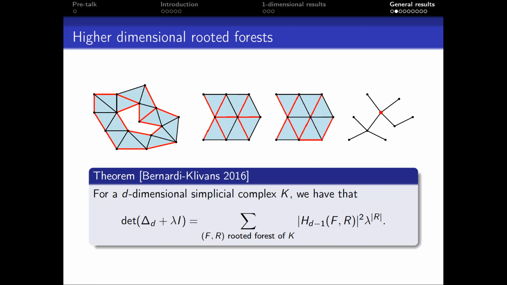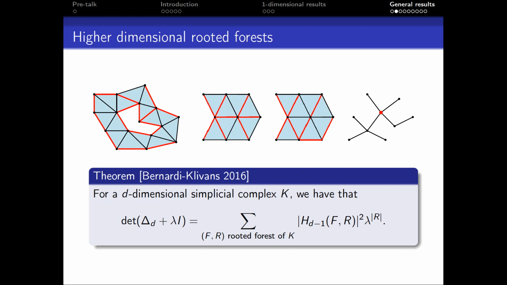And then there's a very cool extension of the matrix tree theorem that you learn in graph theory to these higher dimensional objects. Basically, the characteristic polynomial for these D Laplacians of a simplicial complex is counting a sum over rooted forests of certain coefficients.